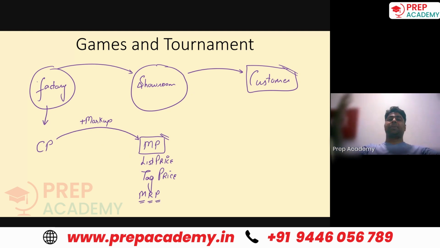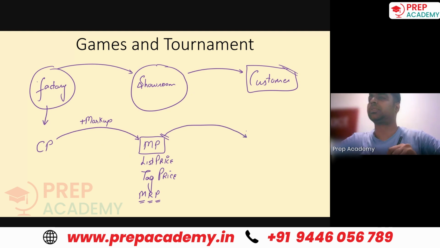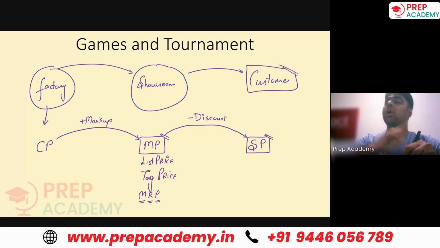Not beyond this price should the item be sold, is what this particular thing entails. Then when the item is in the showroom, the showroom people may give some kind of discounts to the incoming guest, and thereby after the discount, whatever price the item is sold at is now called the selling price.